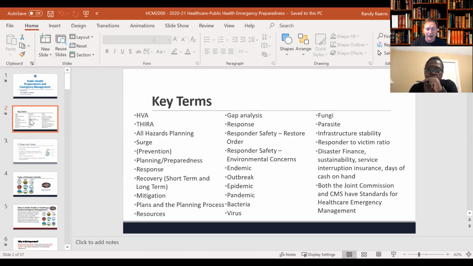If you were in Iowa, as an example, you probably didn't focus on hurricanes, but you probably did focus on tornadoes. If you were in California, you probably didn't focus on hurricanes, but you focused on wildfire and earthquakes. But key components of the all hazards plan in California looks very similar to key components of the all hazards plan in Louisiana or North Carolina, or pick your other state.